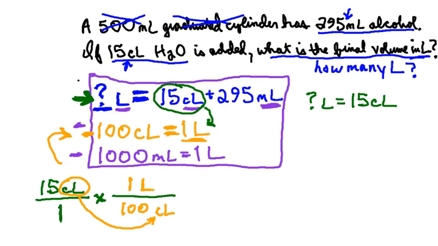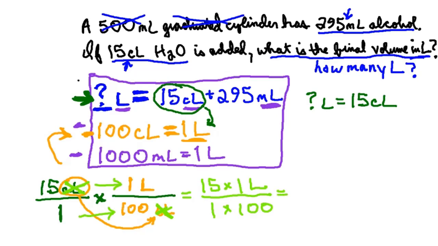So now we can cancel out our centiliters, because there's a centiliter on top of a fraction bar and a centiliter on the bottom of the fraction bar, and so those cancel each other out. This just ends up giving us 15 times 1 liter over 1 times 100, if you just multiply across.